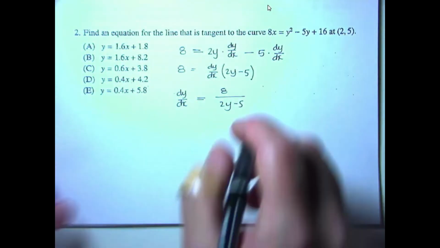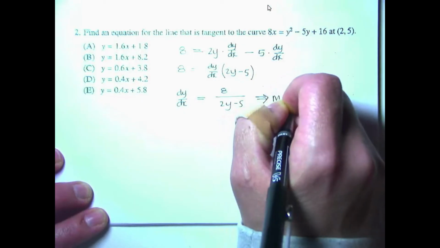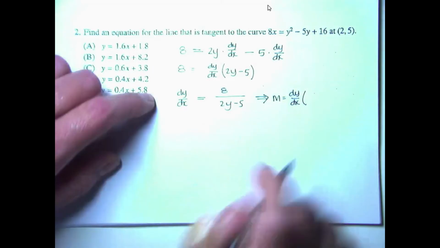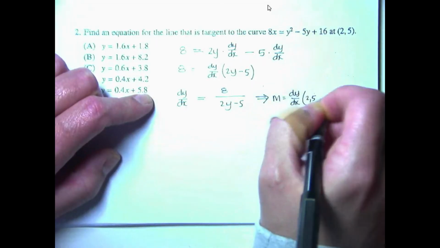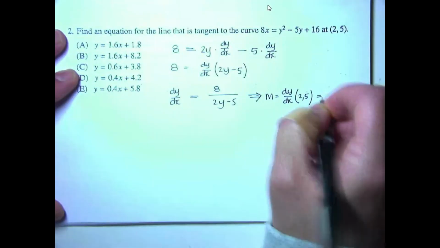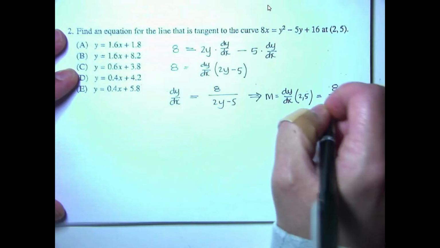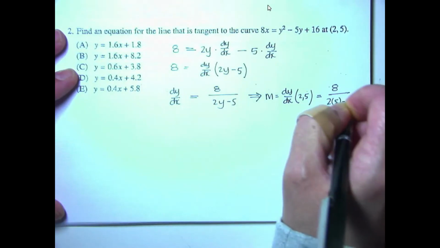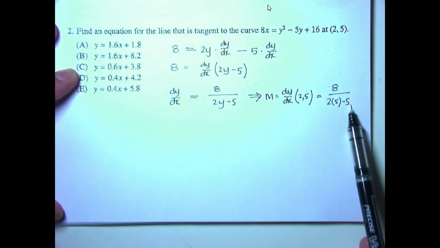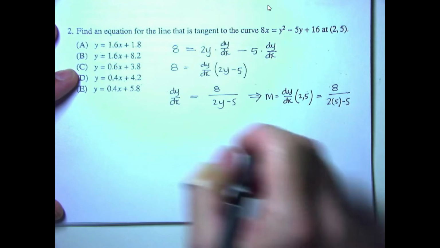All right, so this is my derivative. Hence, I can find the slope of this line. So the slope will be equal to this derivative, dy/dx, evaluated at this point, (2, 5). So if I plug in, this will be equal to 8 divided by (2 times 5 minus 5). So 2 times 5 minus 5 is equal to 5, so this is equal to 8/5.